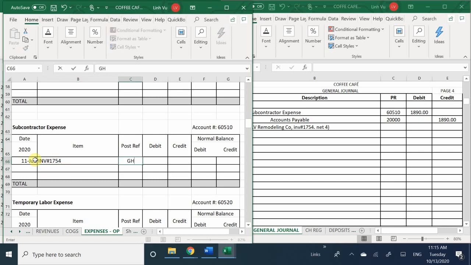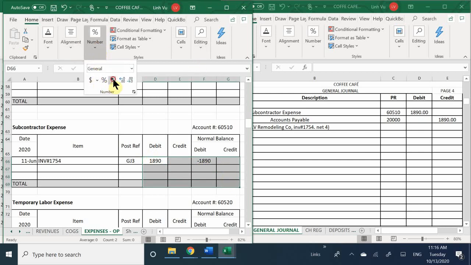Okay, so post reference is general journal number 3. We debited for $18.90. So therefore, because this is our first entry in this account, our normal balance should be the same, $18.90.